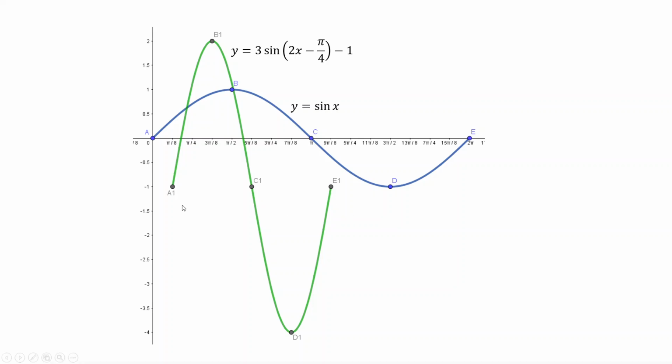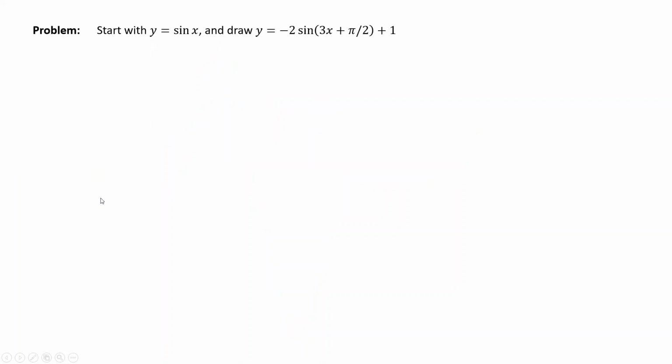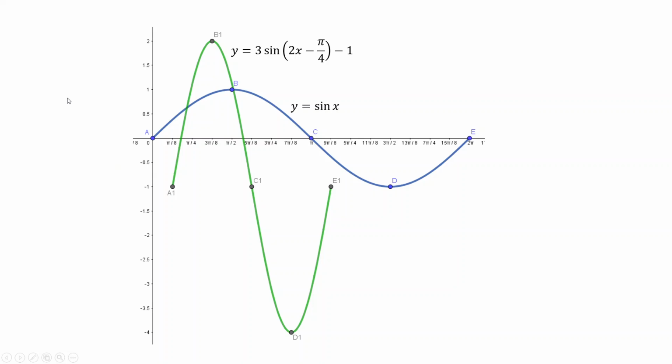The truth is, what we have drawn is only one single period. It is not true that the original sin x graph is only this part. It's a periodic function. It just keeps on going. The same pattern continues on. In the same way, our new graph, even though what we have shown is just for one period, could be extended and should be extended to go like this, and the pattern keeps repeating.